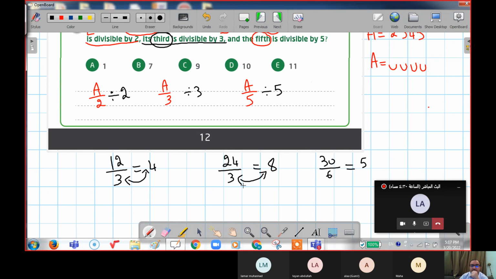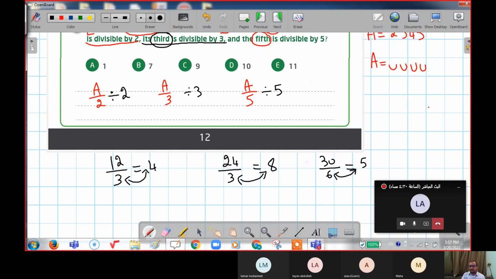By the multiplication of 3 and 8. And 30 is divisible by what? The multiplication of 6 and 5. You can try it on the calculator, or without a calculator. 3 times 4 is 12. 3 times 8 is 24. 6 times 5 is 30. It's not always the same number. It can be, like this example, another number.